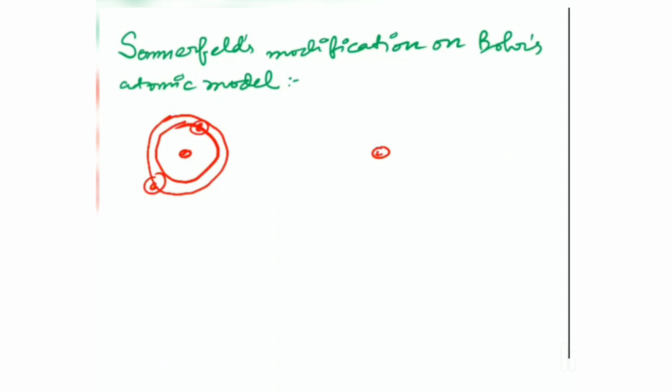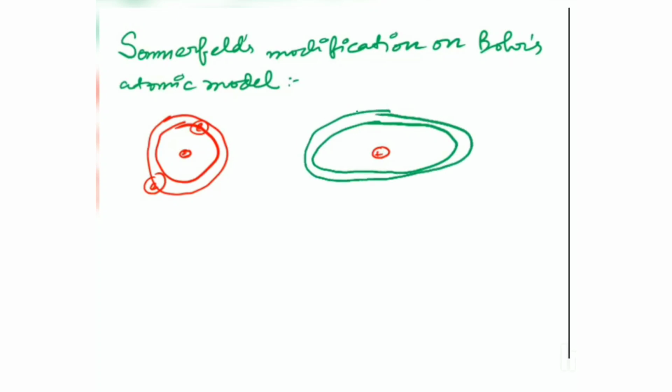For these variables, this circle becomes an ellipse, like this. Here the electron will revolve because of those electrical and magnetic variables.